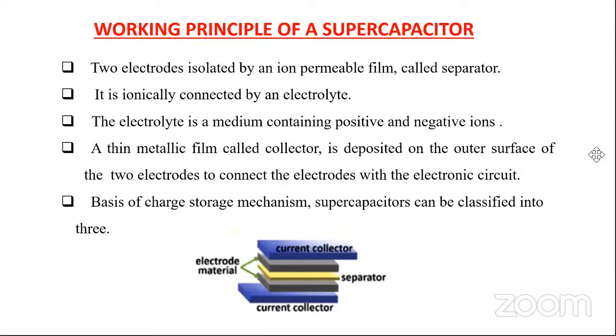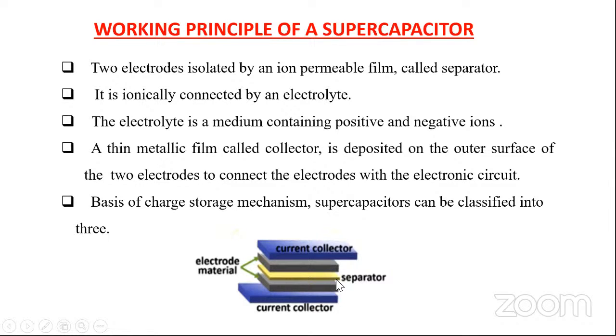And the working principle, how it will work. We are going to use a 2-electrode system, so I am explaining for a 2-electrode system. Here you can see the electrode material in the figure. There are two electrode materials, separated by a separator.